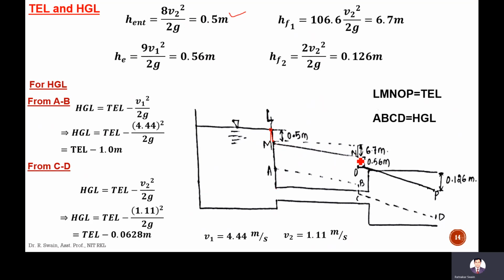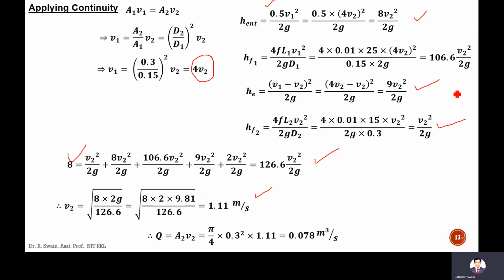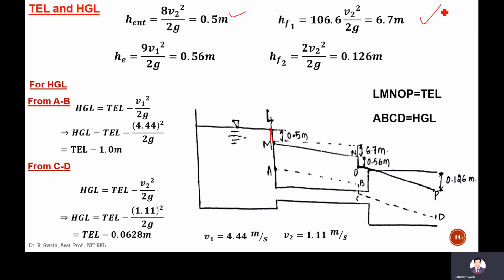Then from here to here, due to friction loss, the loss will be gradual. The total friction loss for this pipe 1, which we have expressed as 106.6 V2 square by 2g, will be 6.7 meter. So from here to here there will be an energy loss of 6.7 meter. And here there will be an expansion loss, a sudden loss, which is 9 V2 square by 2g, that is 0.56 meter.